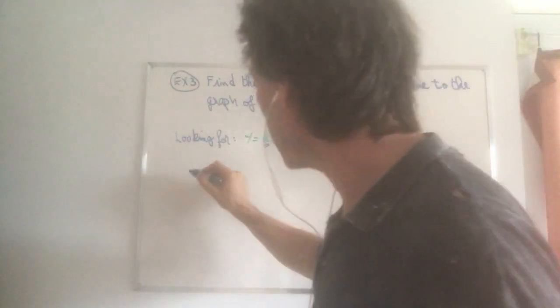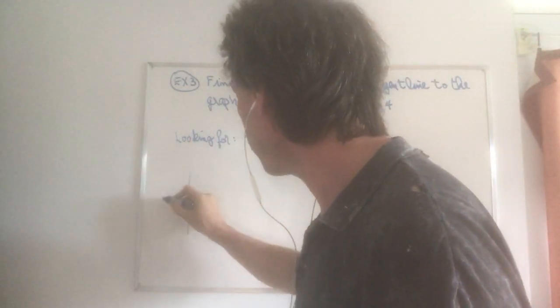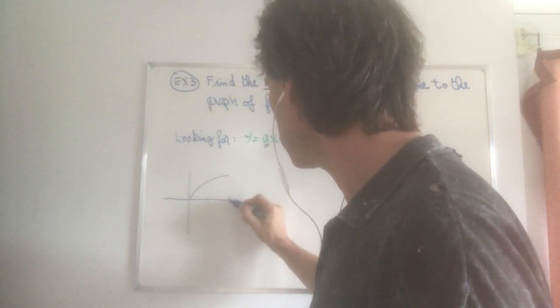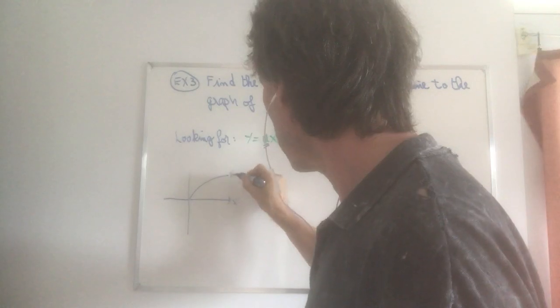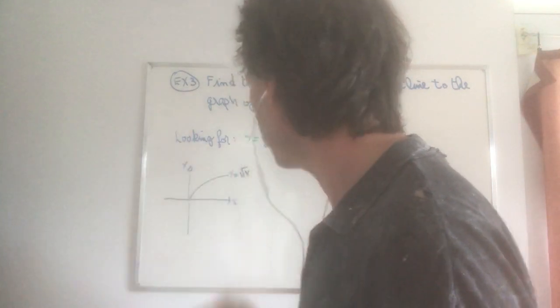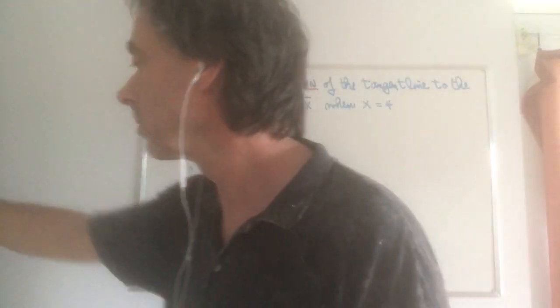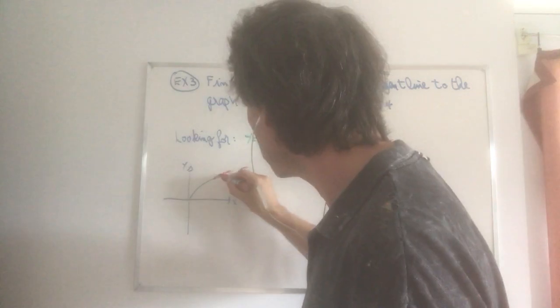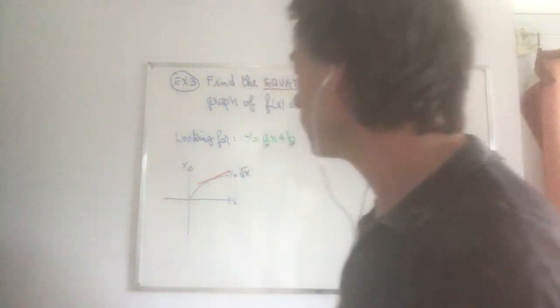So it's the same curve as before. So here's your root x. So here's your x-axis. Y is equal to root x. This is your y. And this is the point 4, 2, at which there is a tangent line.